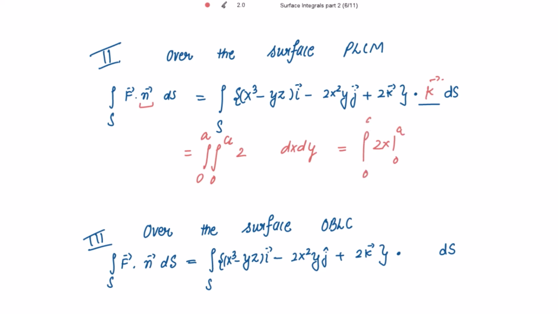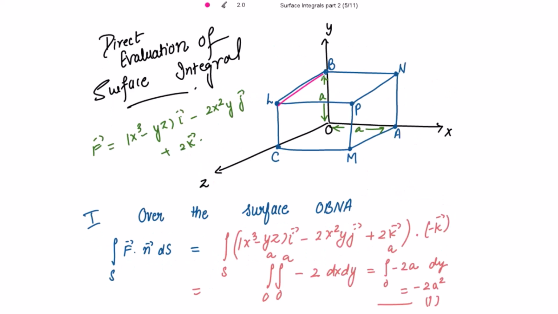Still we need to integrate with respect to y. So this becomes 2a minus 0. And when integrating this, we get 2ay from 0 to a. So when putting the upper limit, we get 2a squared. Marking this as 2.